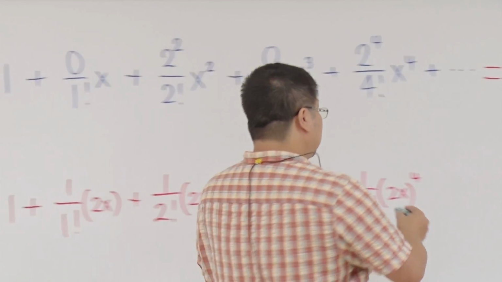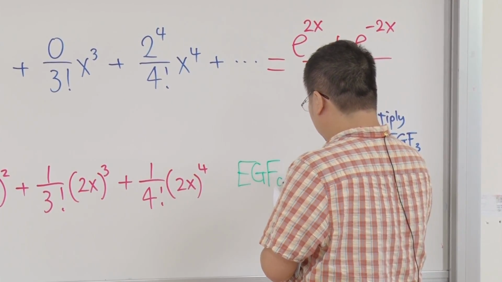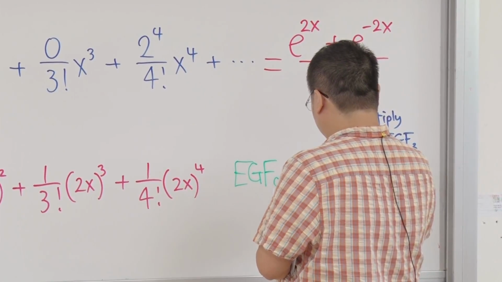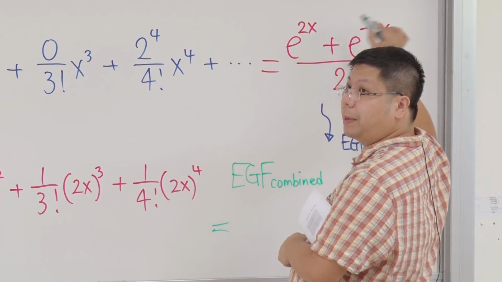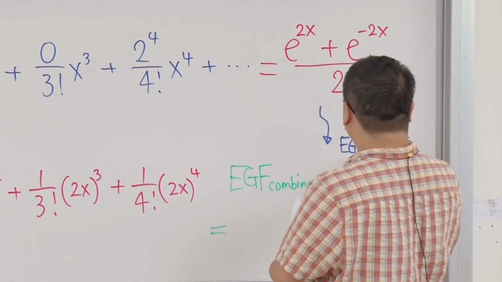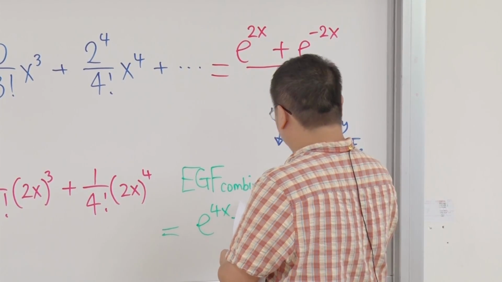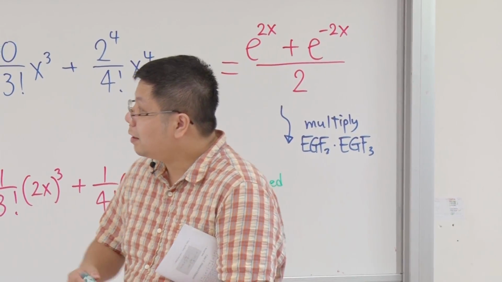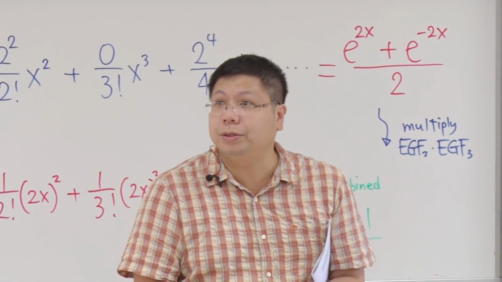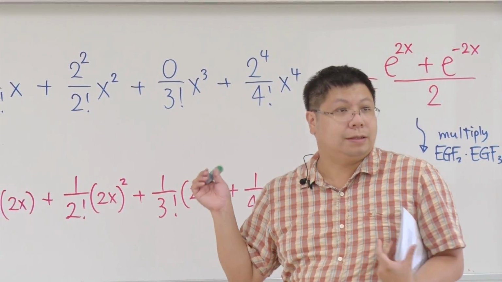So the EGF combined will be equal to, we multiply e to the power 2x here, because this e to the power x, e to the power x. So we get e to the power 4x plus 1 divided by 2. Is that okay? Excellent. So we find that using two different ways, we get the same formula. So at least this is working.